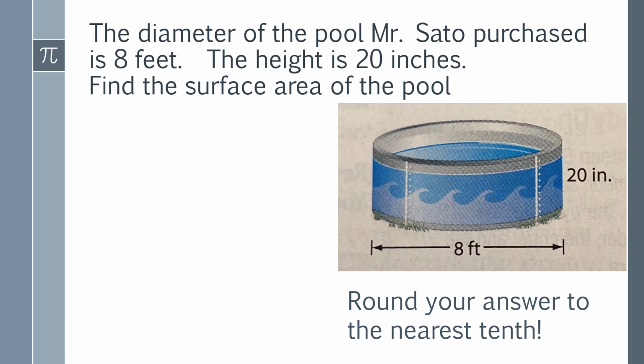All right, so the diameter of the pole Mr. Sato purchased is 8 feet. The height is 20 inches. Find the surface area of the pole. Well, we've got a couple of different things here we have to deal with, and the first one is we have 2 different measurements here. We've got feet down here, but inches here.